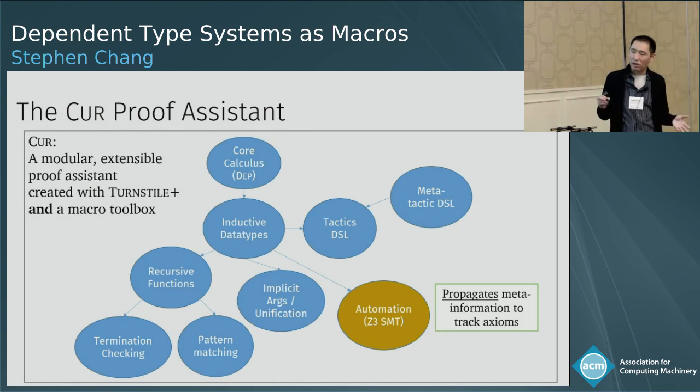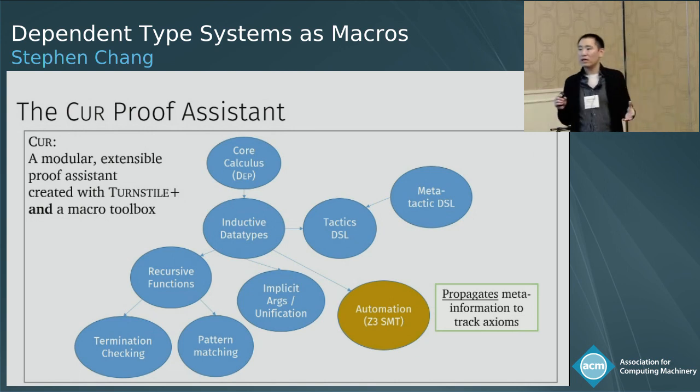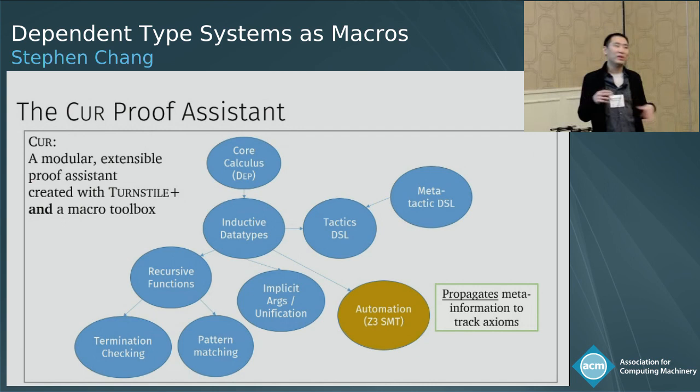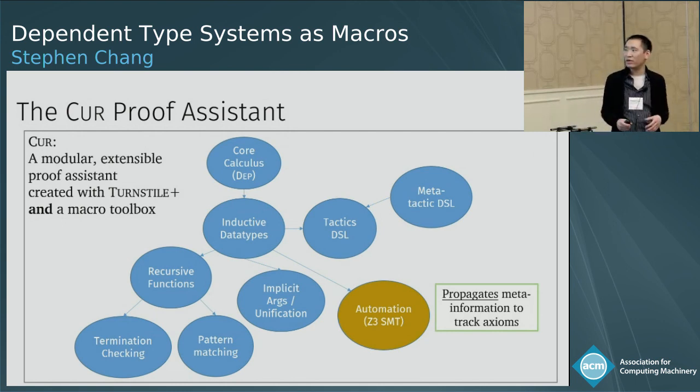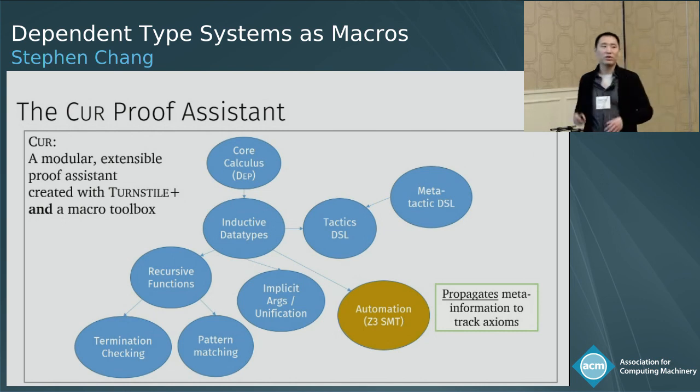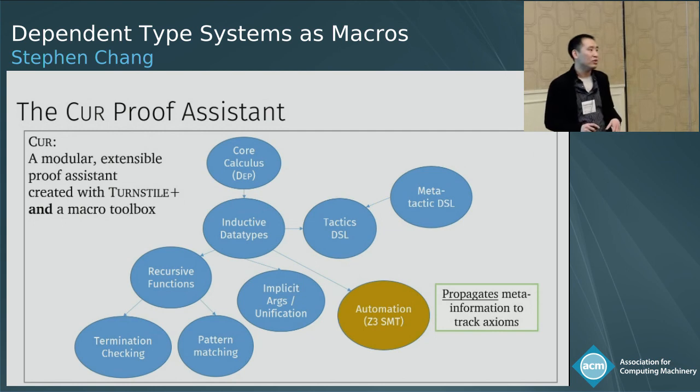But here we wanted to be able to more finely classify these axioms, because in Cur you can also define axioms the typical way that you find in other proof assistants. So we had all these different kinds of axioms, and we wanted to classify them to track them. And so here, tagging them with meta information on the pieces of syntax was very useful.